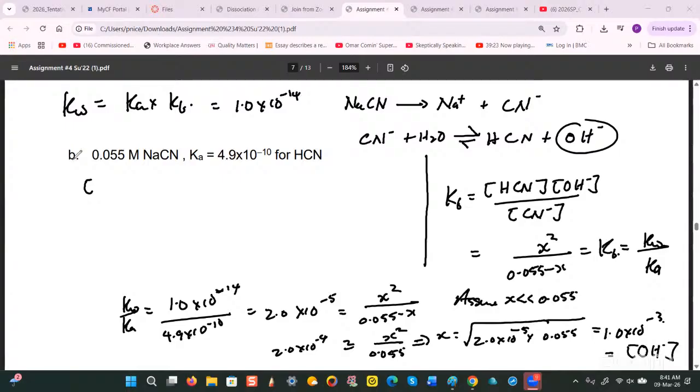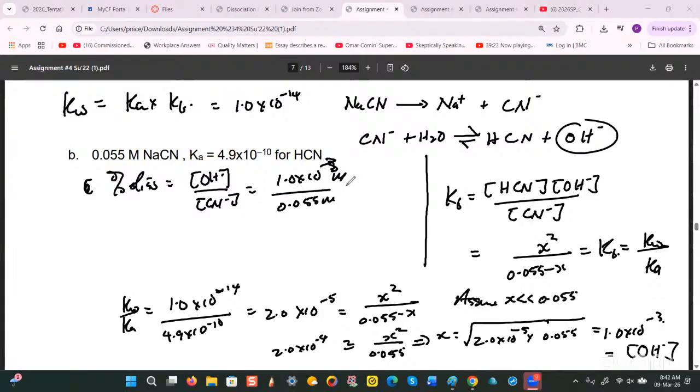So we need to find the percent dissociation like before, because we need to make sure that the assumption we made is valid. To get the percent dissociation, we divide the concentration of OH minus by the concentration of CN minus, and that would be 1.0 times 10 to the minus 3 M divided by 0.055 M times 100%.